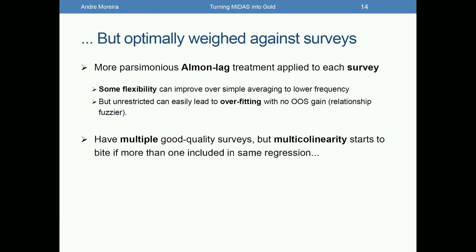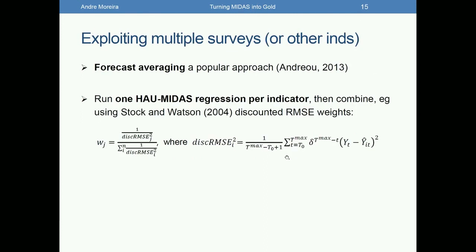The one thing that I've left to mention in terms of the specification is, well, you don't just have one survey, and you don't want to include 1 million lags of 3 different surveys or more in the same regression. So how can you exploit that sort of information when you've got a number of different indicators that are all good, but you can't include them in the same regression? There's more than one answer to this, but the way that we do it is just by resorting to forecast averaging.